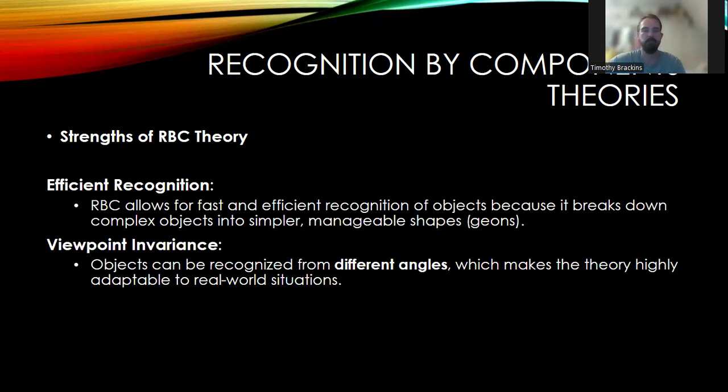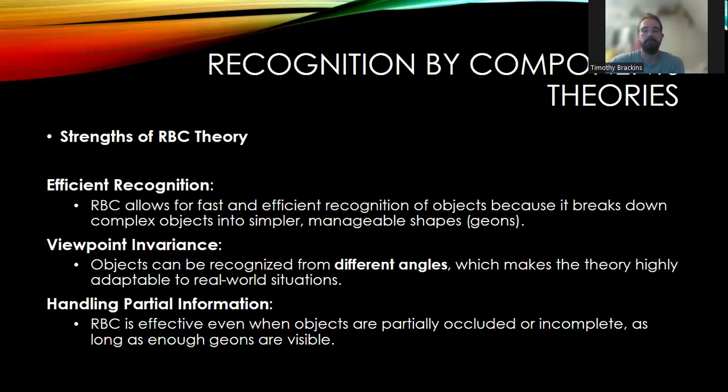Unlike template matching theory, you don't have to have the object in the exact same orientation every time. You can change angles around as long as we can understand the connection between the different angles and the geons. The angles don't matter. We can still pull out the geons and reassemble the object.